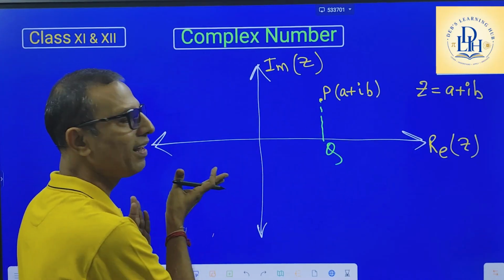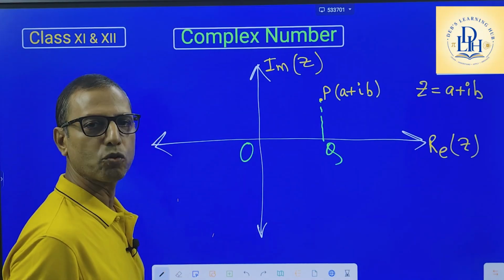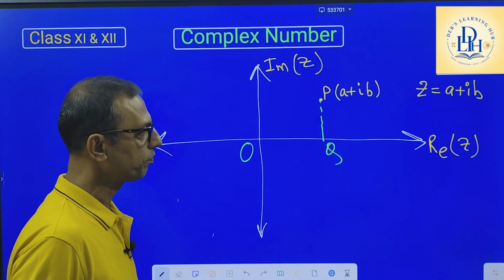Here it is the real axis and the imaginary axis. The origin is O, that is equivalent to (0, 0), right?